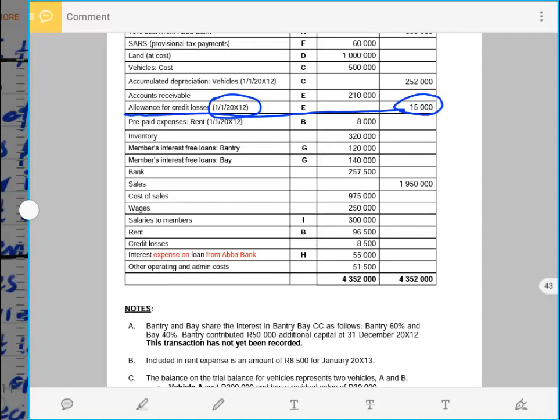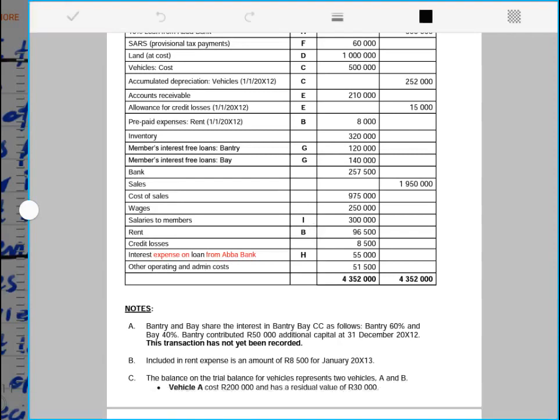Normally in this line item, we will have to calculate the current allowance for credit losses so that we compare with this one to check if our allowance is increasing, decreasing or remaining the same.